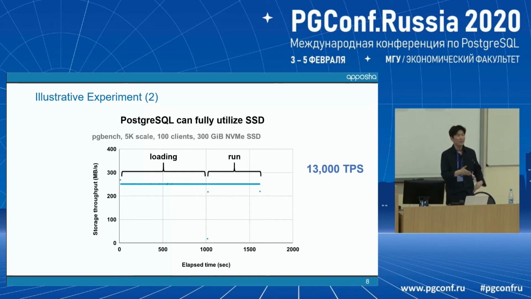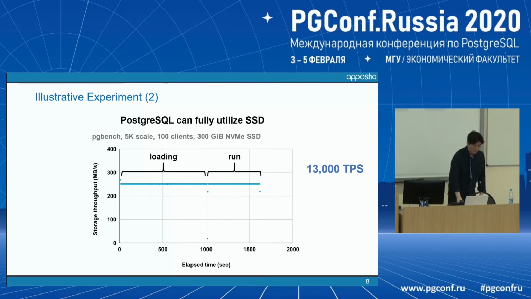The first phase is data loading, and after that, I ran the TPC-B-like benchmark, which is built into PGBench. The storage throughput is saturated at around 250 megabytes per second, and the final result is 13,000 TPS.